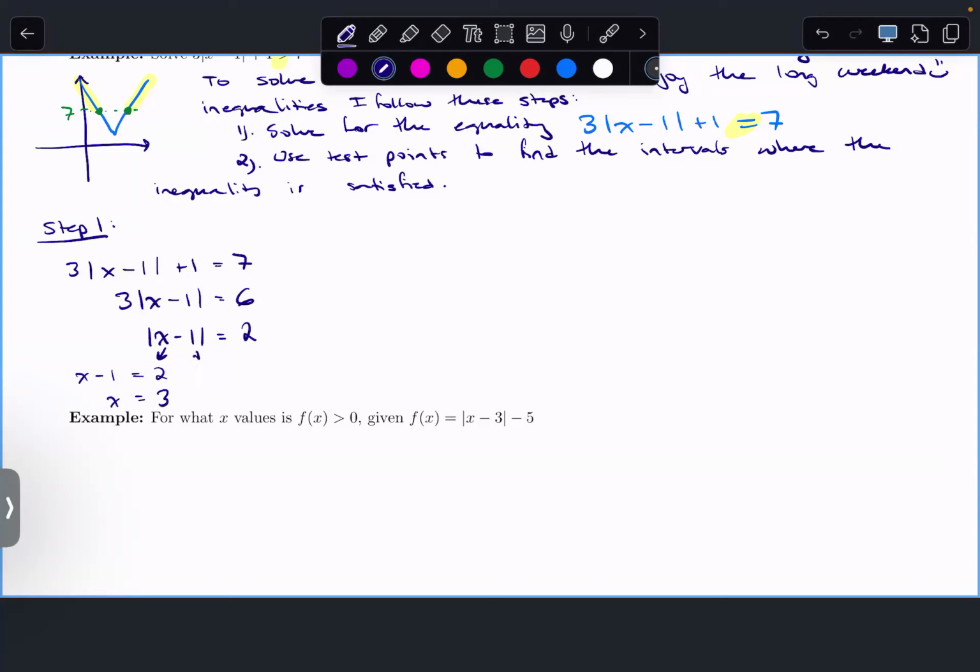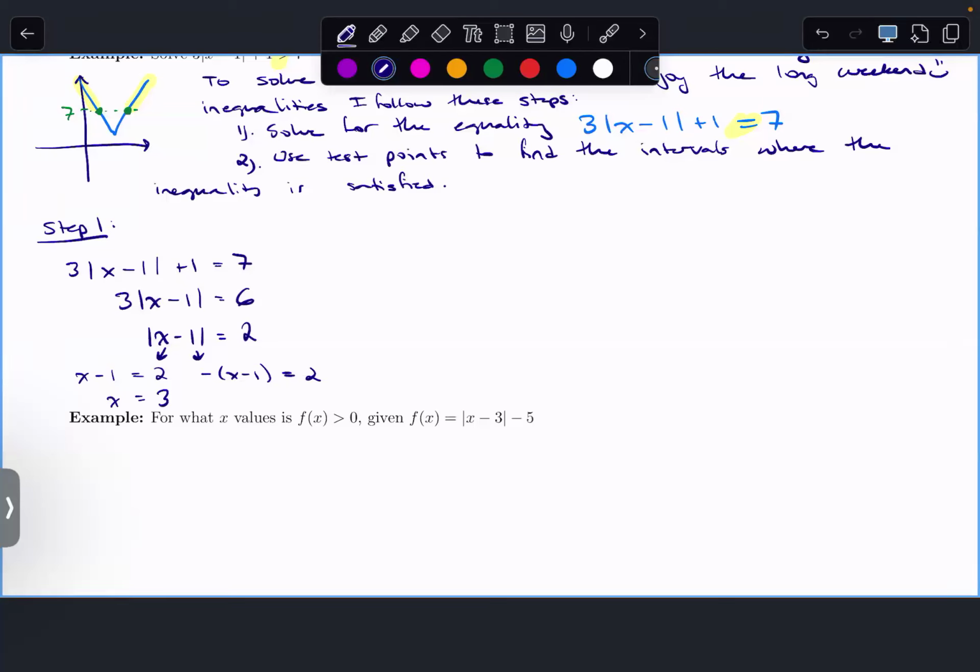But then the negative version, negative x minus 1 has to equal 2 as well. But you can see, even if you preferred to make the 2 negative, that's the same thing. You've got an equal sign here, so you're allowed to move things around and you don't have to switch anything.